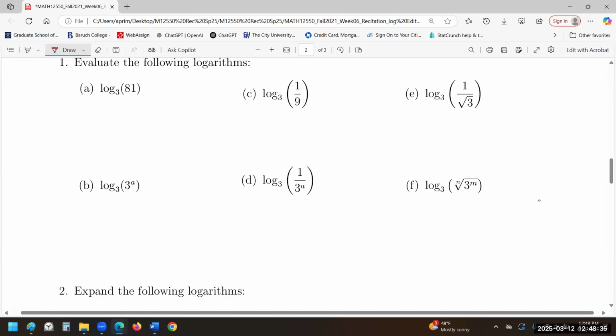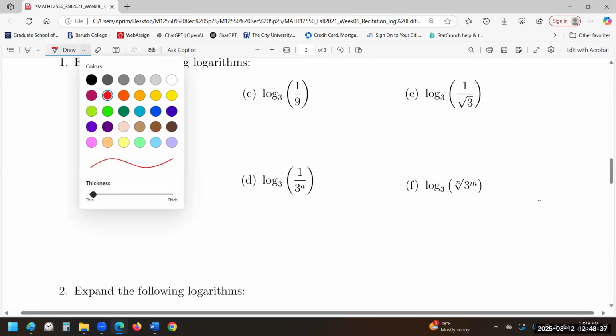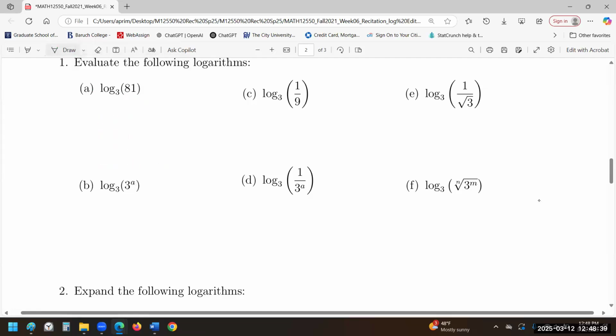So E has log base 3, and our argument is 1 over square root of 3. Now we can rewrite this as log base 3 of 1 over square root of 3, which is 1 over 3 to the power 1/2, which is the same as 3 to the power negative 1/2, right?